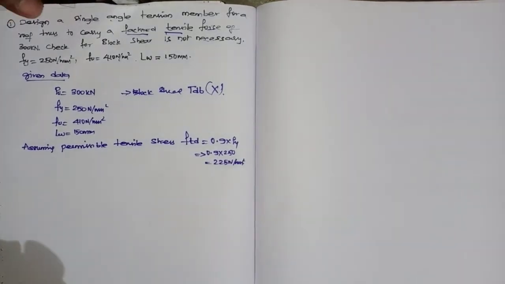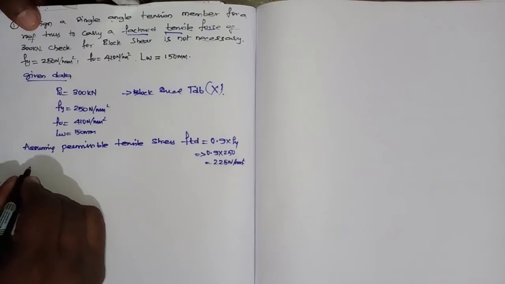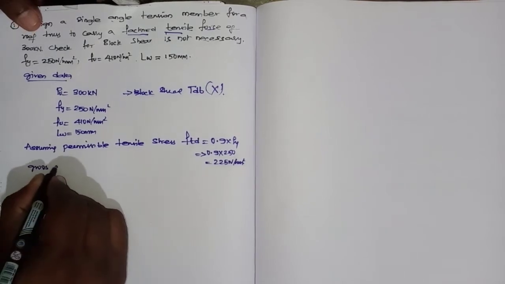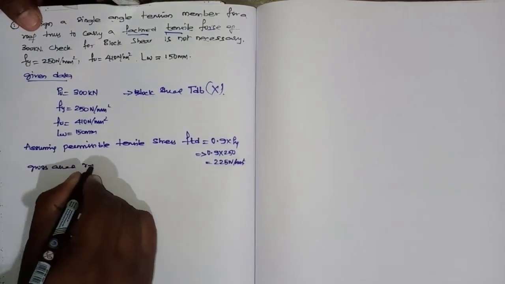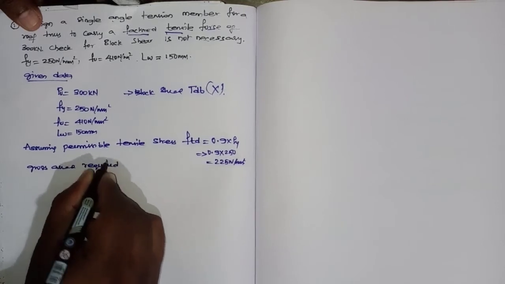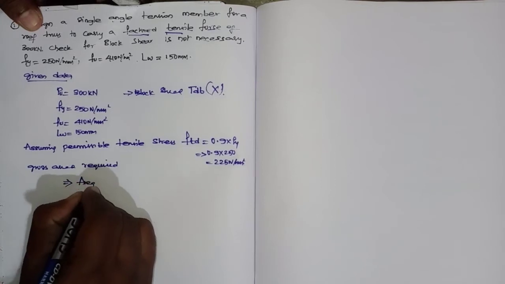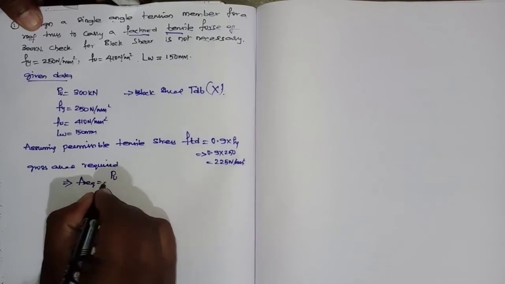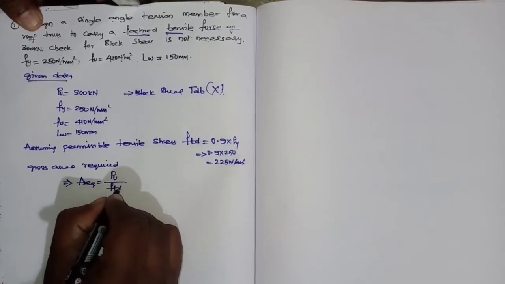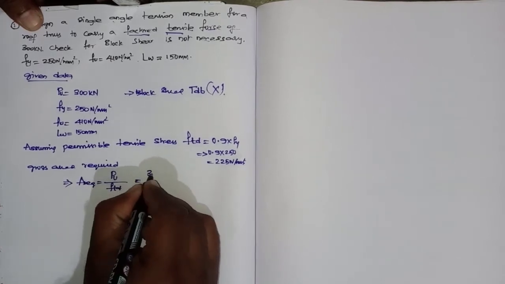Now, gross area required equals Pu by Ftd, where Pu is 300 kilonewtons.